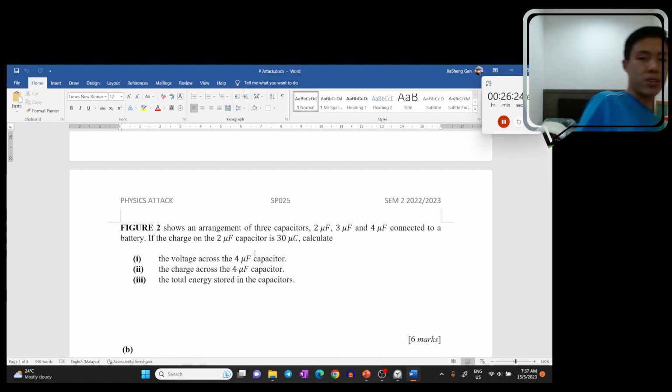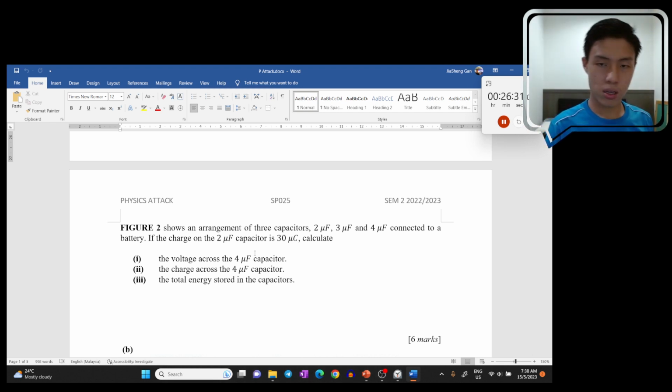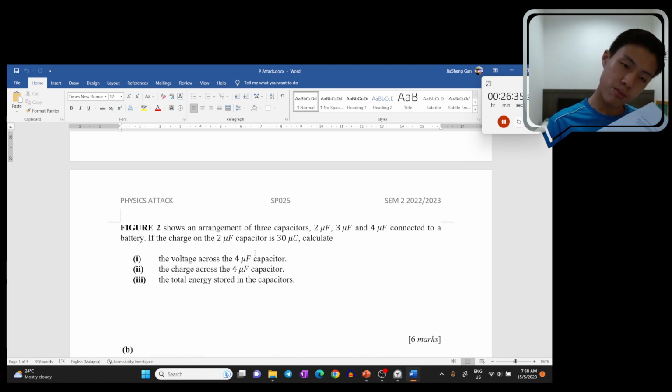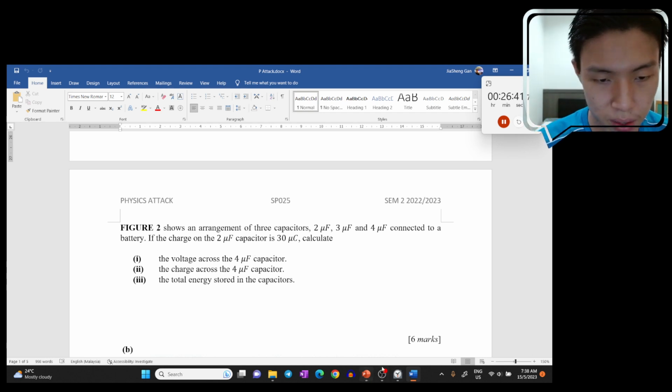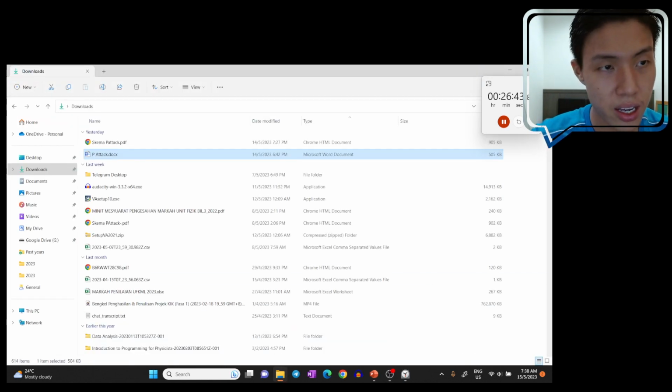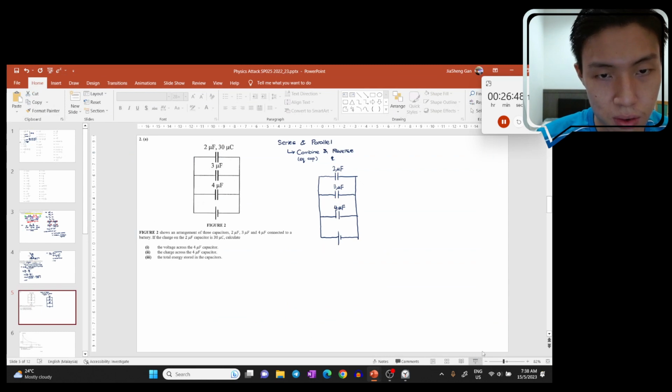Battery. Weird. Okay, they really didn't specify what the battery voltage is, but never mind. I think we can manage with that. Okay, let's continue.